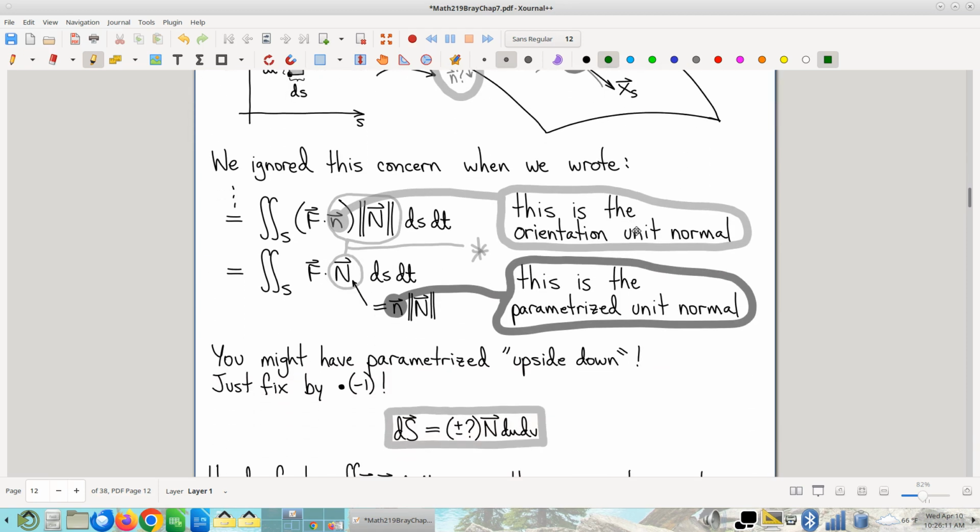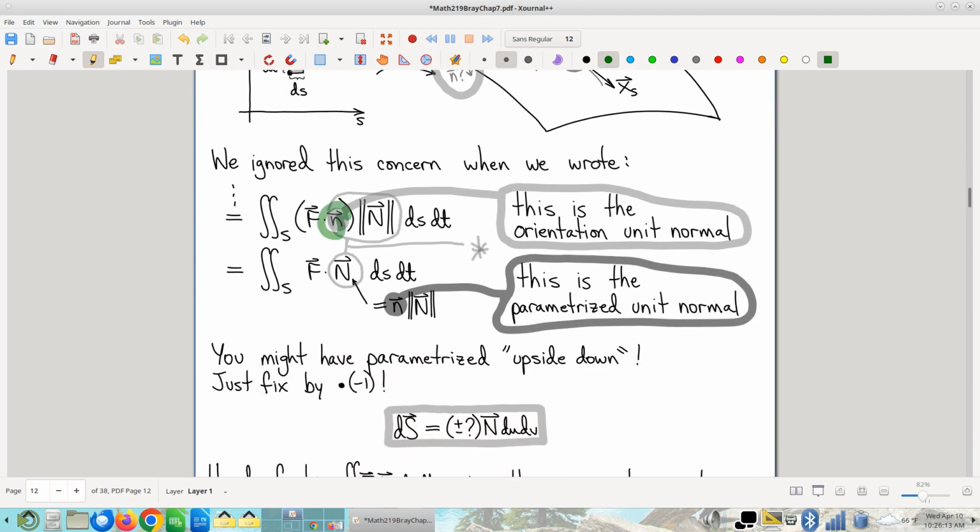Let me come down here where this is fleshed out more. I assumed that the orientation that came with the question would be the same as the orientation that would result from my pulled-out-of-thin-air parameterization. And you can't assume that, right? That's the coin flip. There's a half a chance that I got this wrong.